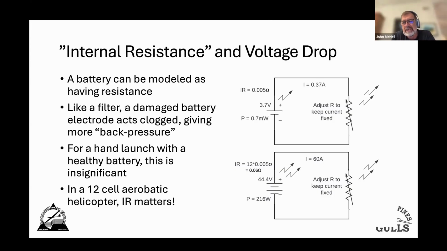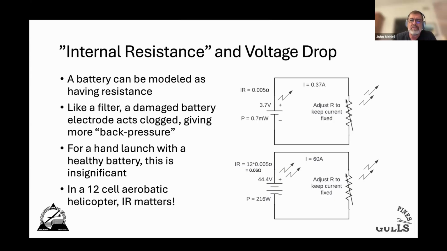And if it's a 3.7 volt battery, and we're using the same example as before, 0.37 amps, then the battery is acting like a resistor, a very, very low resistor. And so the power dissipated is 0.7 of a milliwatt, or 0.7 of a thousandth of a watt. So nothing to be interested in particularly.